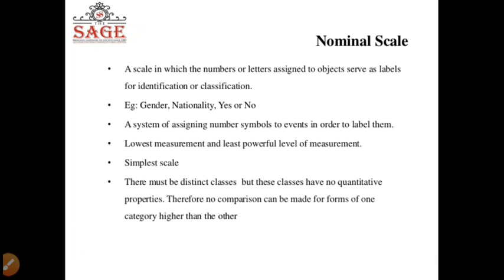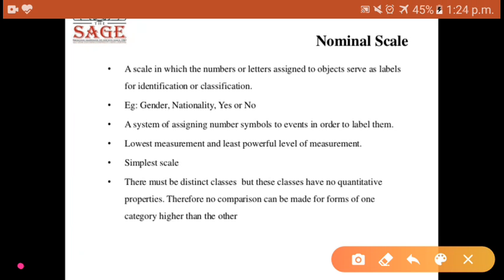What this slide is trying to tell you is that if your female is 1 and your male is 2, it does not mean that 2 is higher than 1. It does not mean that.